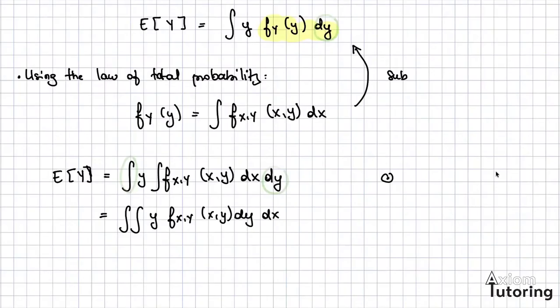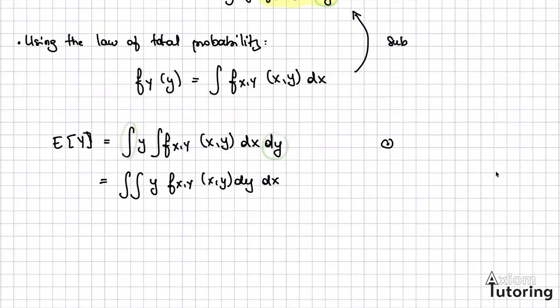And then if we replace the joint density by the conditional times the marginal density. So we're gonna make another side note, a second side note in here.